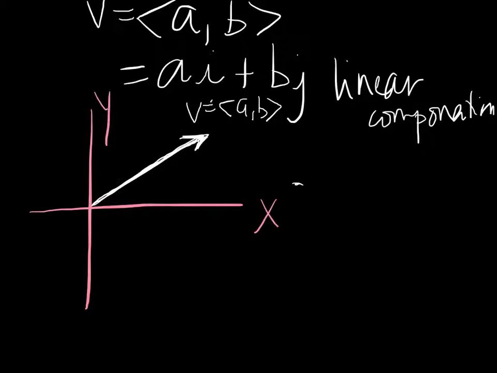Your a and your b are just scalars, or constants, they're numbers, but the i and the j tell you its horizontal and vertical components. Your i is your horizontal component, like this right here. I can split this vector into a horizontal component, which we're going to call ai, and its vertical component, which is called bj.